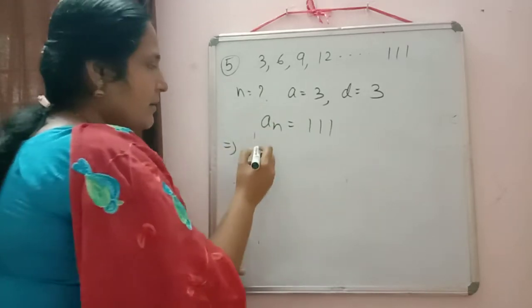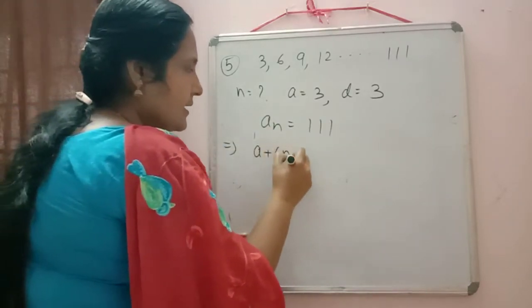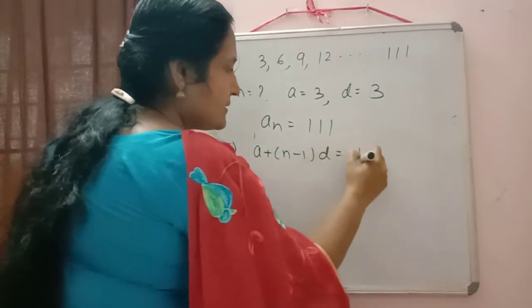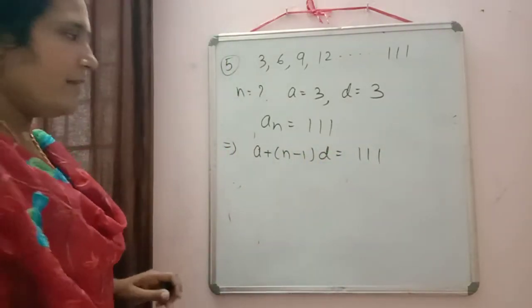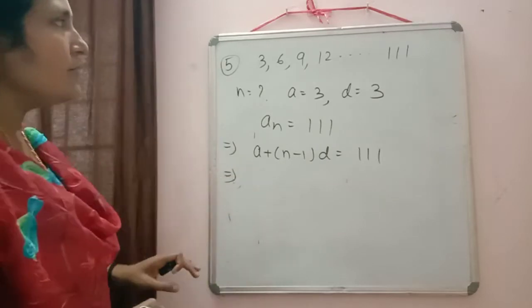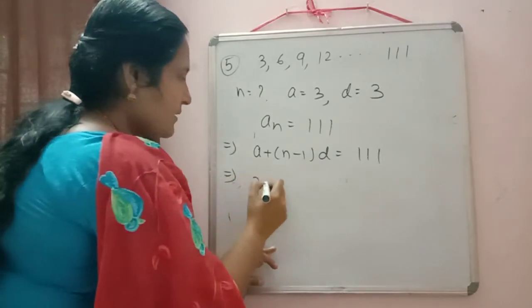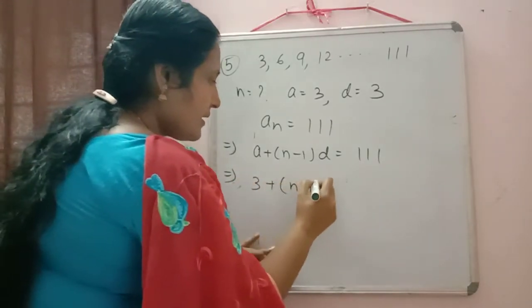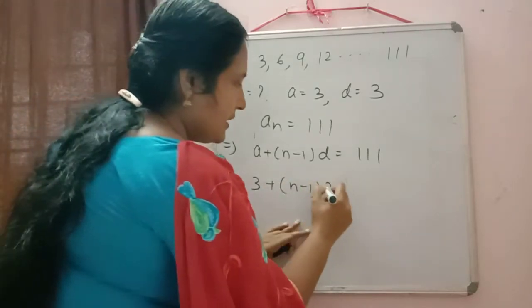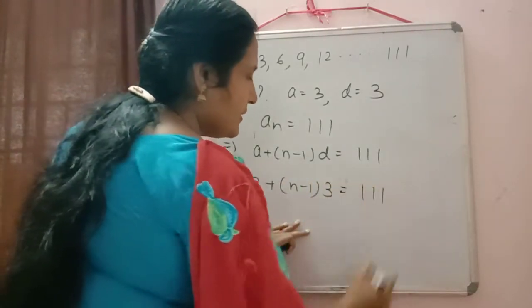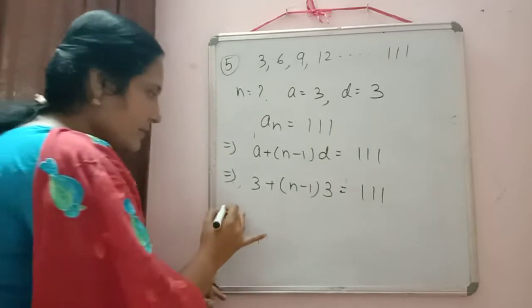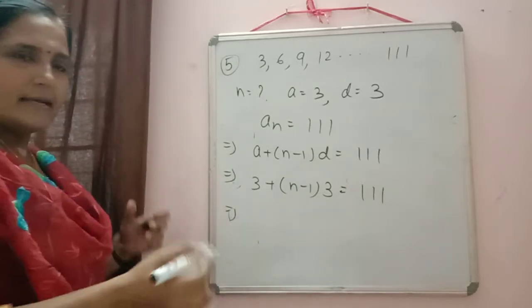Write down the formula of an: A plus n minus 1 into d is equal to 111. Now substitute the values. A is equal to 3. So 3 plus n minus 1 into d, which is also 3, is equal to 111. After that it depends on you.